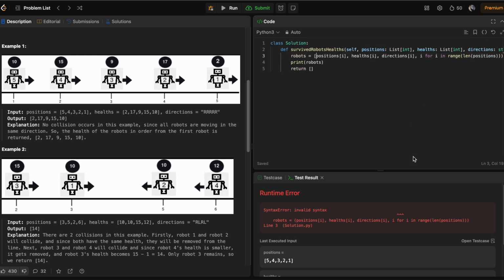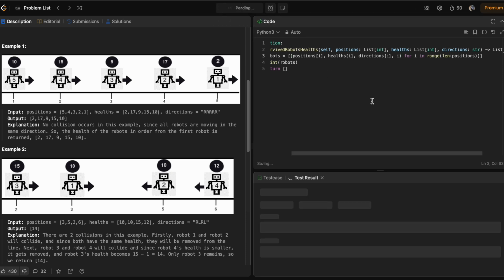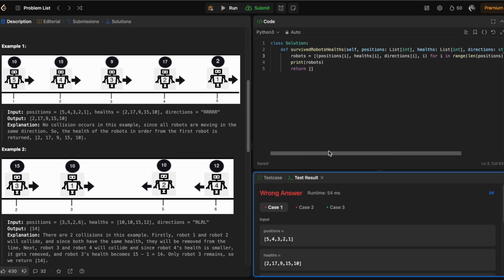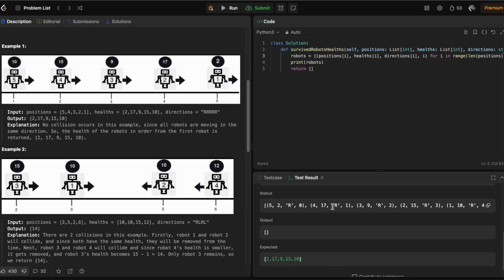Oh, okay, I was thinking about this wrong too. Let's try it like this. So everything's in a list, and then each entry in the list is a tuple. Okay, this is right. Alright, so then we can have the resulting health array. How should I name this?